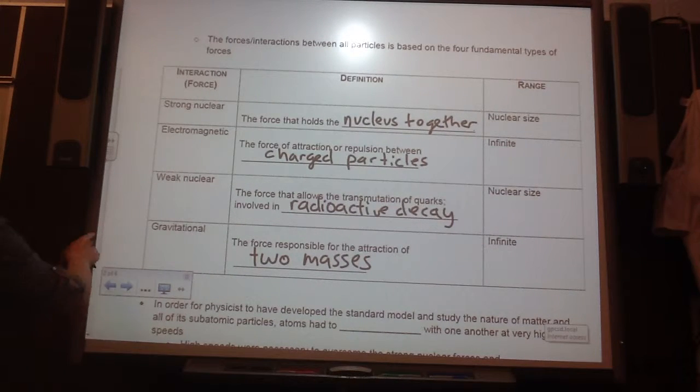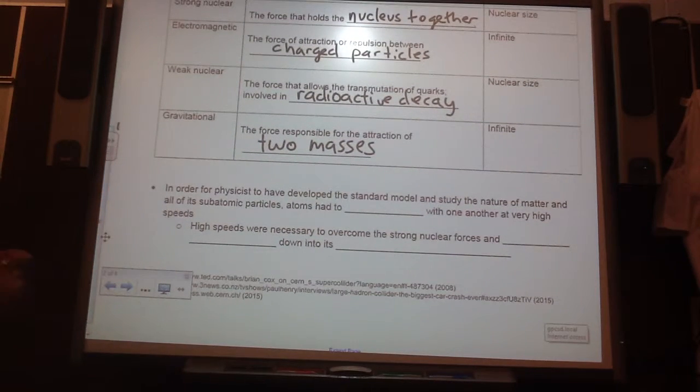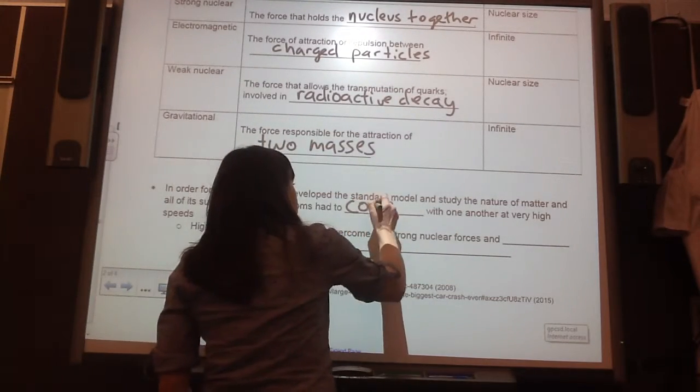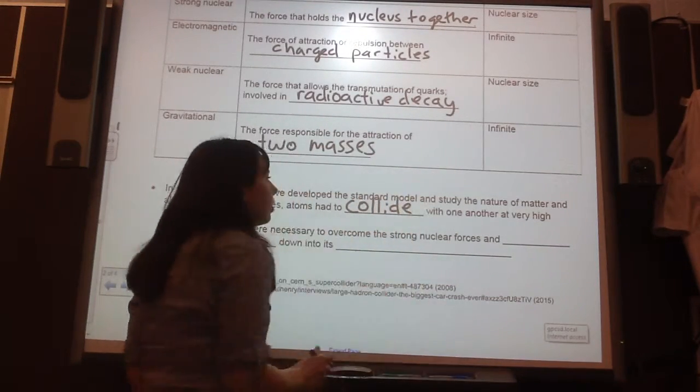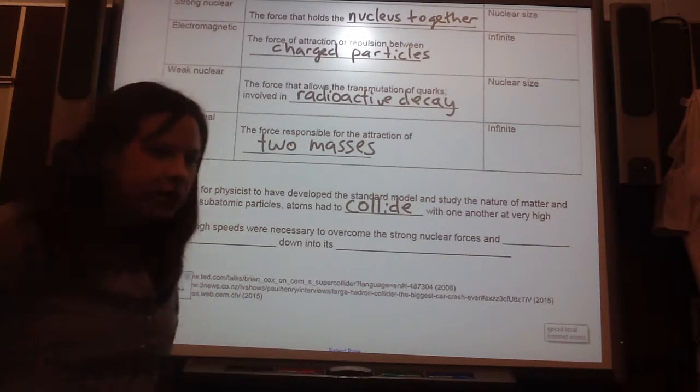Okay? Now, here is where it gets cool. In order for physicists to have developed the standard model and study the nature of matter and all of its subatomic particles, atoms had to collide with one another at very high speeds.